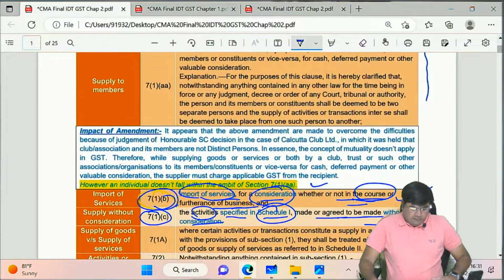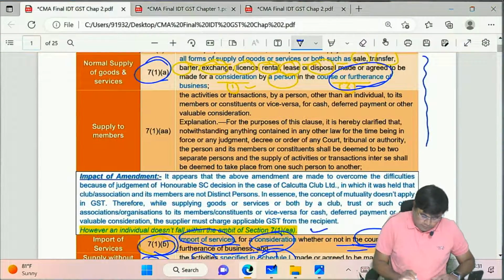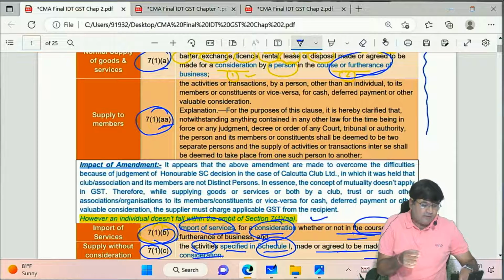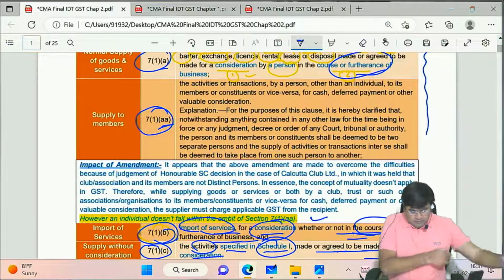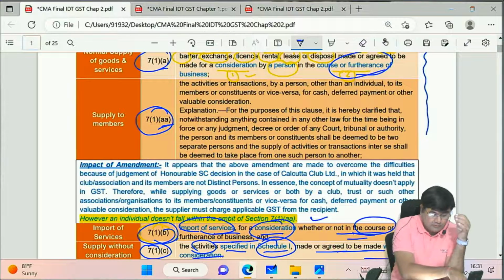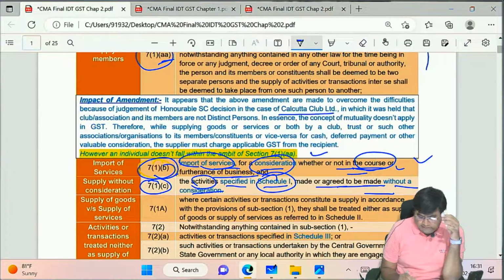Now there is one amendment which was carried out last year because of the Supreme Court judgment. Section 7 subsection 1 clause AA. A very interesting amendment which was carried out by the central government retrospectively to nullify the judgment of the Supreme Court in Calcutta Club Limited.